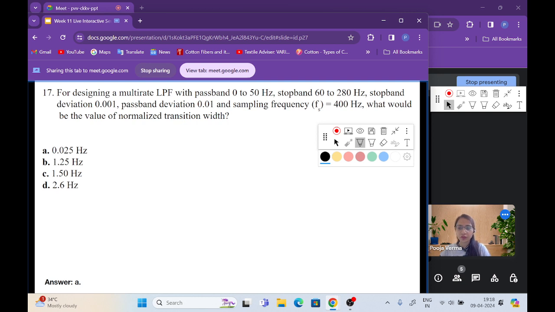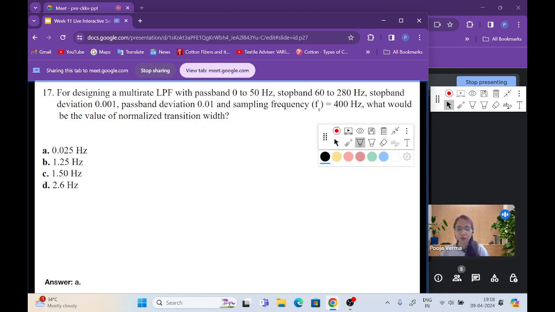Okay, so the next question is: for designing a multi-rate low-pass filter with pass band 0 to 50 Hz, stop band 60 to 280 Hz, stop band deviation 0.001, pass band deviation 0.01, and sampling frequency Fs equal to 400 Hz, what would be the value of the normalized transition bandwidth, the transition width?